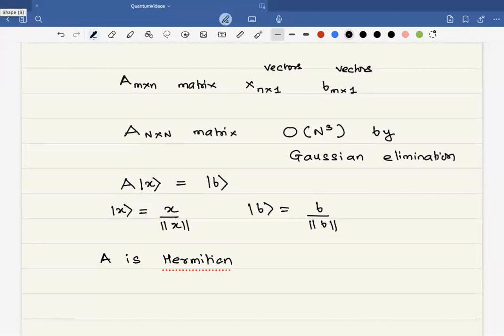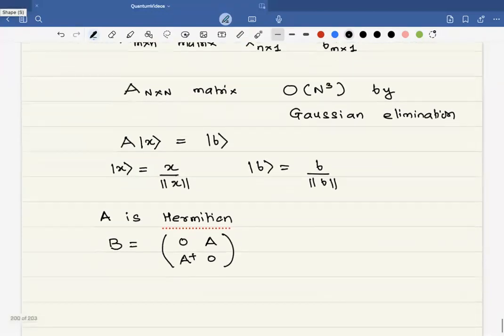If A is not Hermitian, then we can replace A by a Hermitian matrix built from it and do the analysis on that. So the analysis initially can be restricted to when A is just Hermitian.